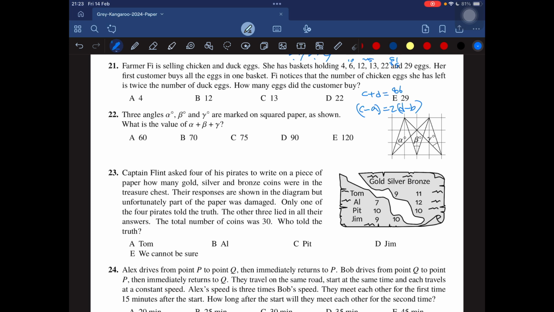So after we sell it, this one, let's call it A, this one, let's call it B. A is 2B. Then A plus B is 3B, which means this should be a multiple of 3. So now it was 86.